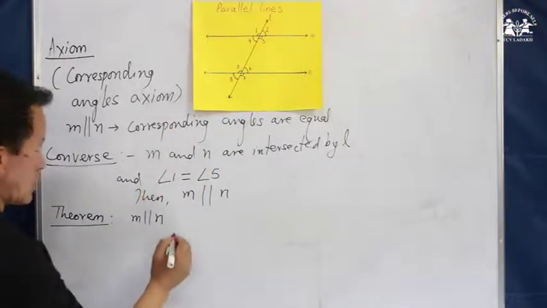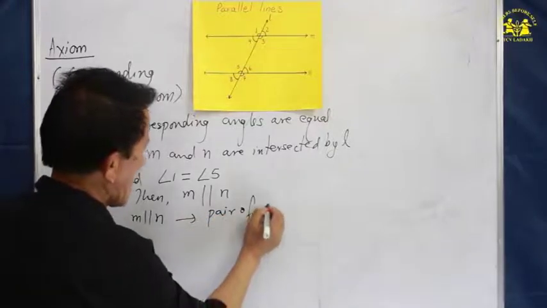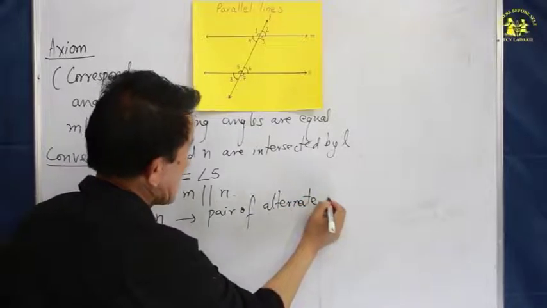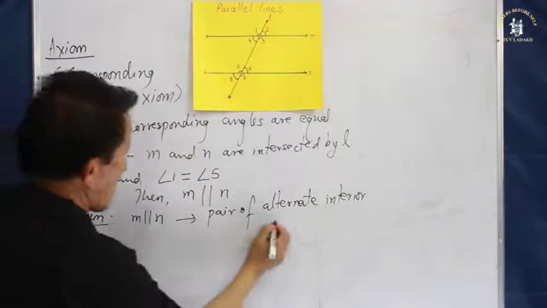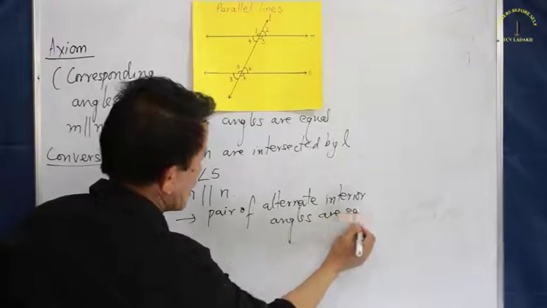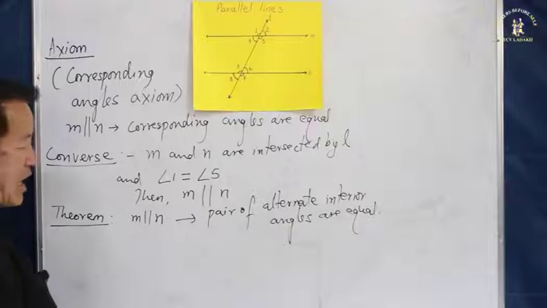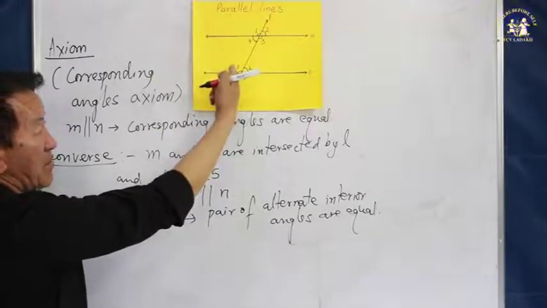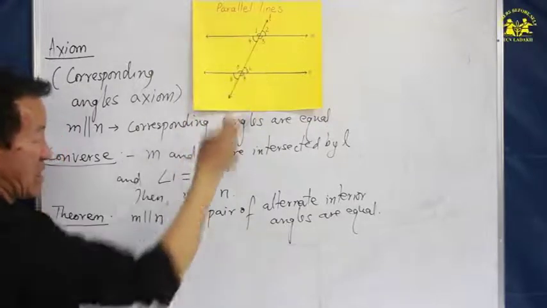We can conclude that the pair of alternate interior angles are equal. That means a pair of alternate angles in this diagram: angle 3 will be equal to angle 5, angle 4 will be equal to angle 6.